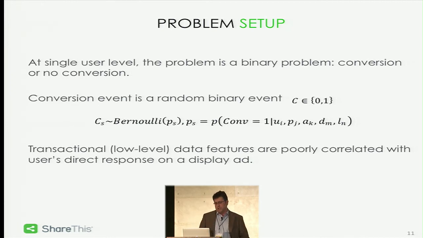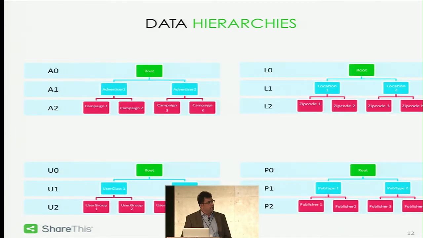If you look at the data hierarchy, let's say we have the user. The user can be clustered into different segments, and the same thing for the advertisers. Advertisers can have campaigns and different ad groups, and for the location, same thing. You could have the state, city, zip code.